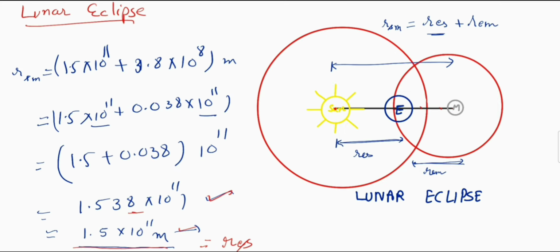The gravitational force exerted on the moon due to sun will be in this direction, and also the gravitational force exerted on the moon due to earth will be in the same direction. So earth and sun will apply the gravitational force on the moon in the same direction during the lunar eclipse.